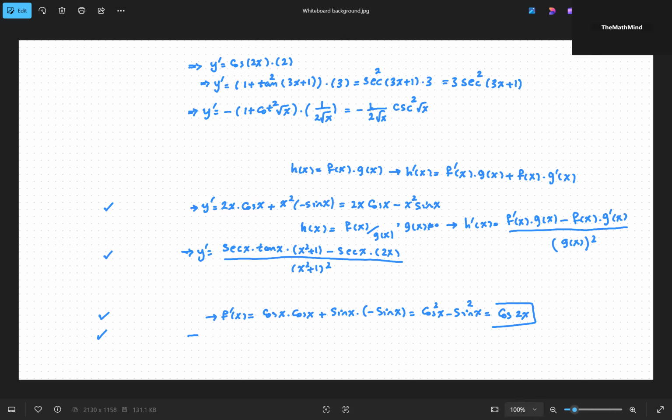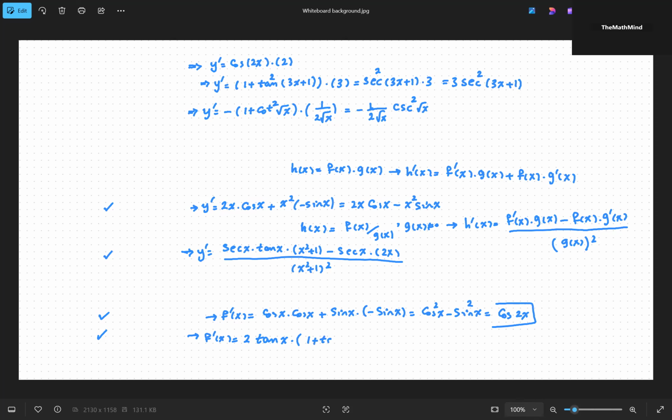Number 21, f prime of x equals, we have the exponent on tan. So we're using the power rule and also the derivative of tan. So it's going to be n f to the power of n minus 1. This n here is 2. So 2 tan to the power 1, and then you multiply by the derivative of the base, which is tan.